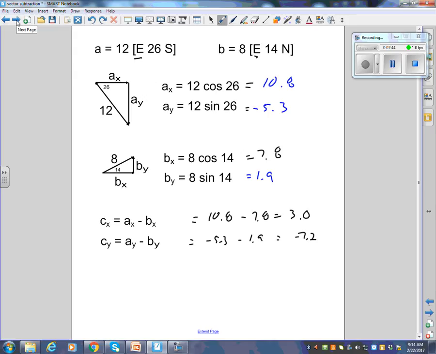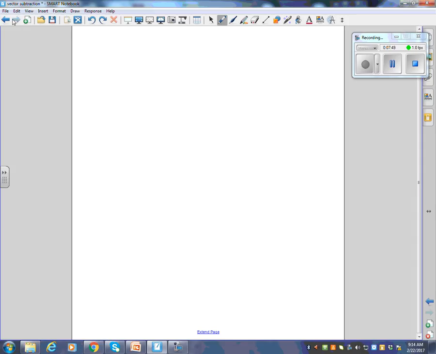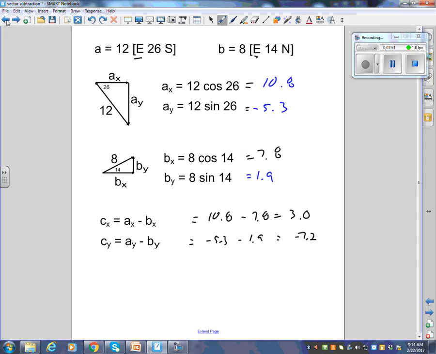Now what? Redraw the picture. Oh, and I don't have it. Redraw the picture. So cx is going to be 3, positive 3, so to the right. The y is minus 7.2, so 3.0 minus 7.2.